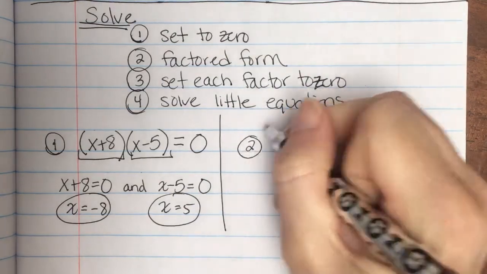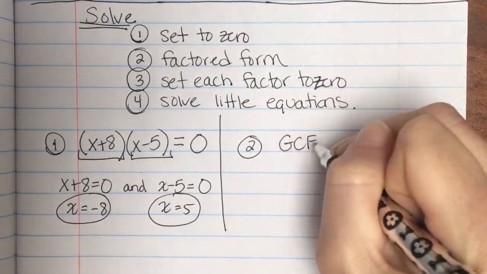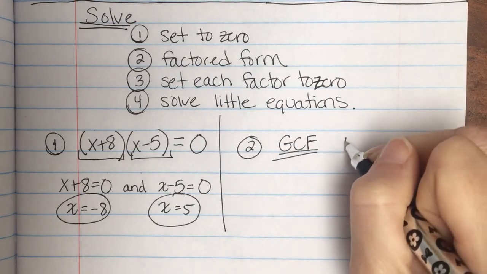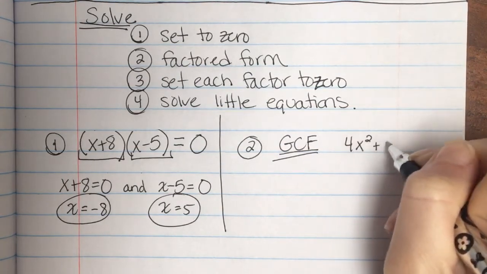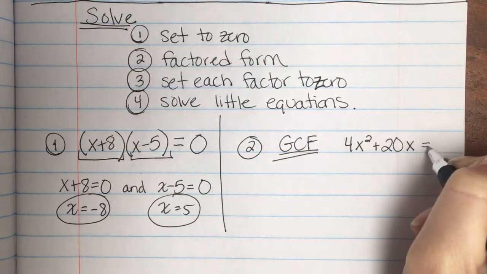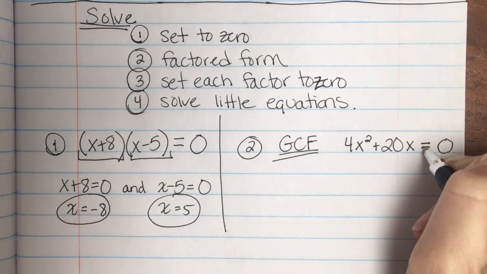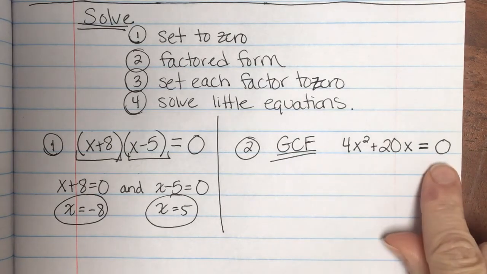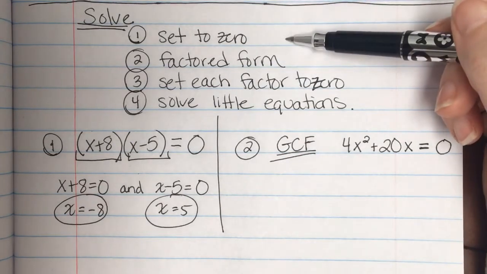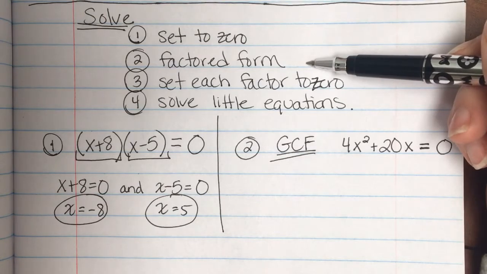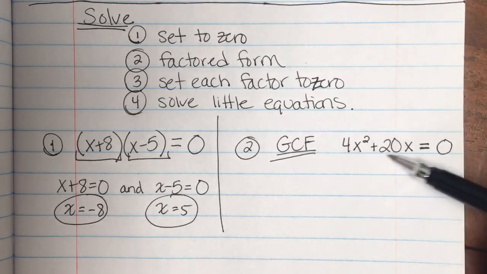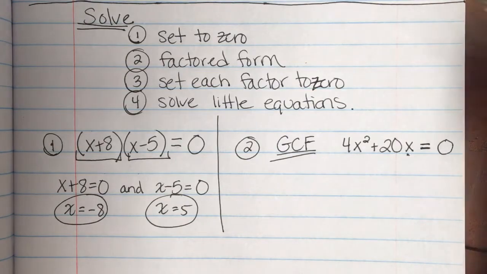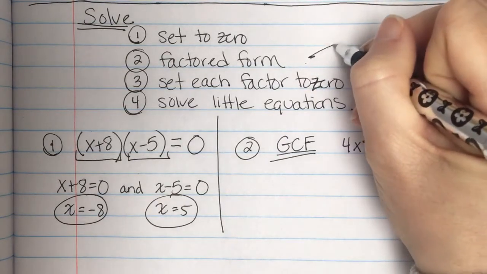We also then went into GCF. So something like 4x squared plus 20x equals 0. If I needed to solve that equation, it is set equal to 0, but is it in factored form? Is this factored? No. So to get it to factored form, you have two methods.